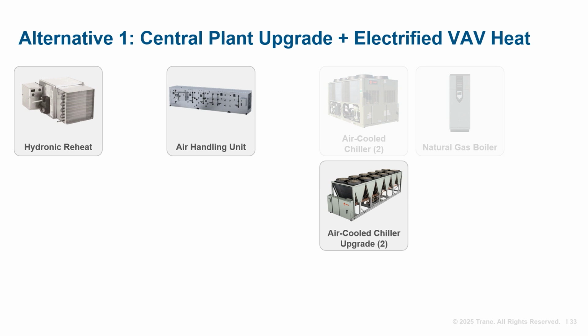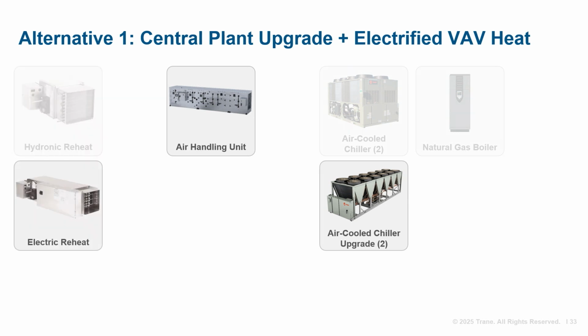Removing the natural gas boiler should reduce the site emissions, but with the boiler being removed, we need a new source of heat. One option is to replace the existing hydronic reheat VAV boxes with boxes that include modulating silicon-controlled rectifier, or SCR, electric heaters.